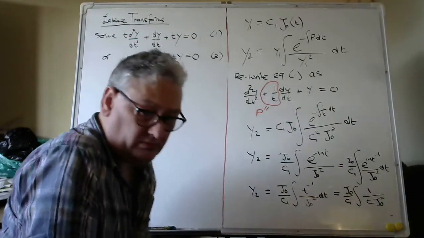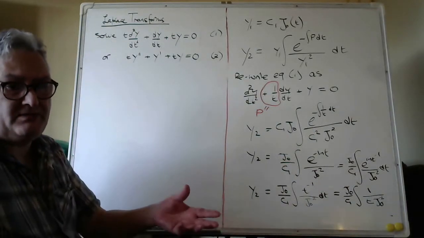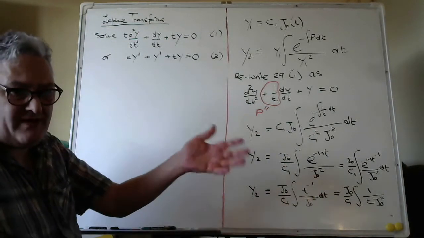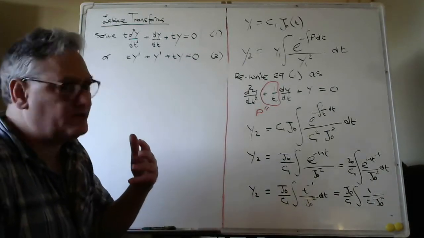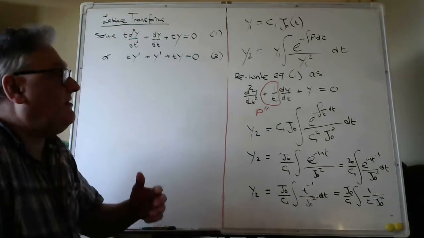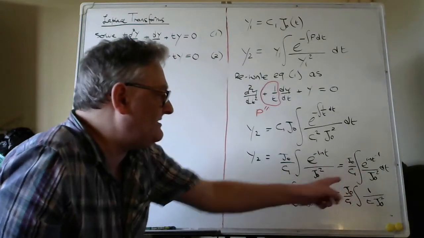But you can actually work out what the integral is on a mathematical computer package like Python or Mathematica or MATLAB. If you use mathematical software, you can work out what that integral is.